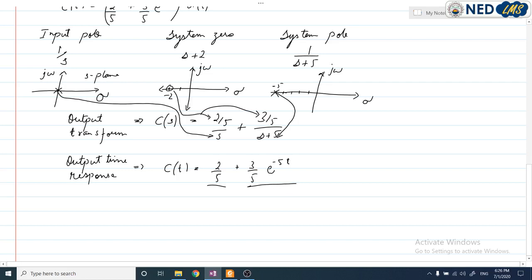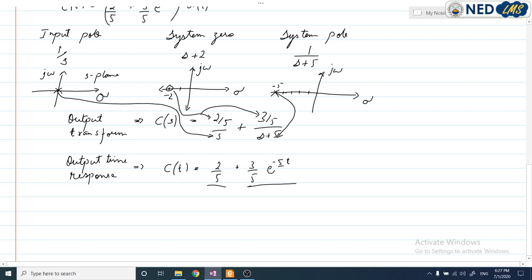So we know that the exponential term has a negative power. Its power increases as this 5 is multiplied with the time, and as time increases, the power of this exponential term increases.